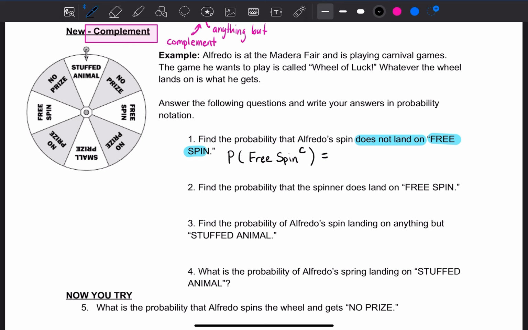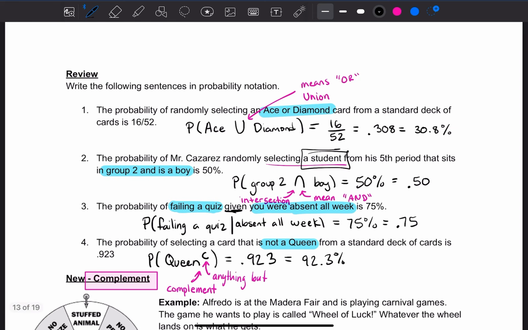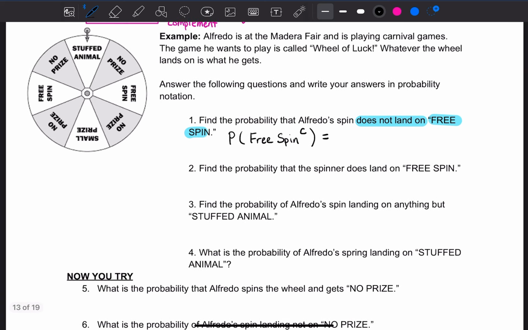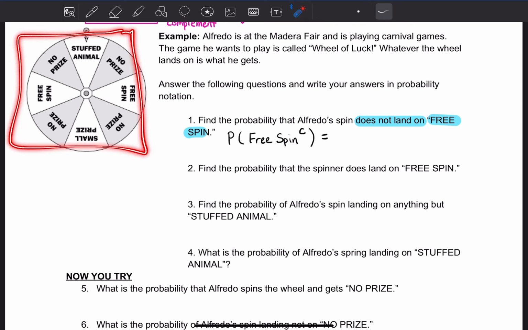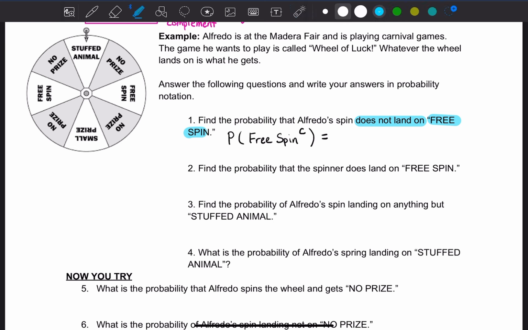Now, we don't have the answer like we had up above, so we're actually going to have to find it ourselves. So if we look at the wheel on the left, we want it to land on anything but free spin. Okay, so let's look at how many spaces will give us anything but free spin.